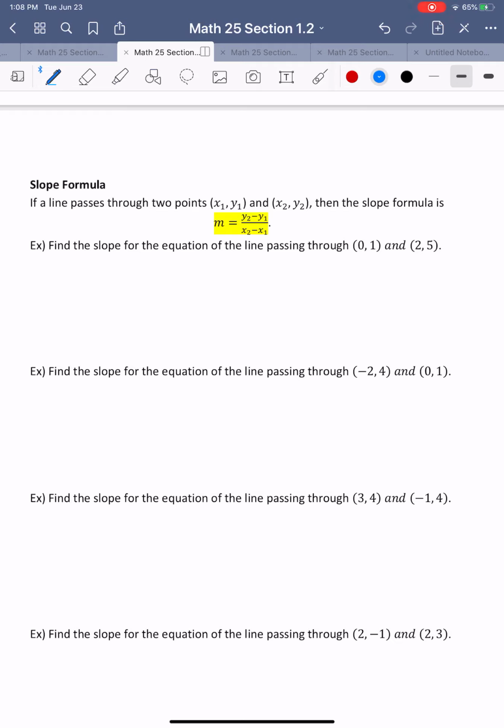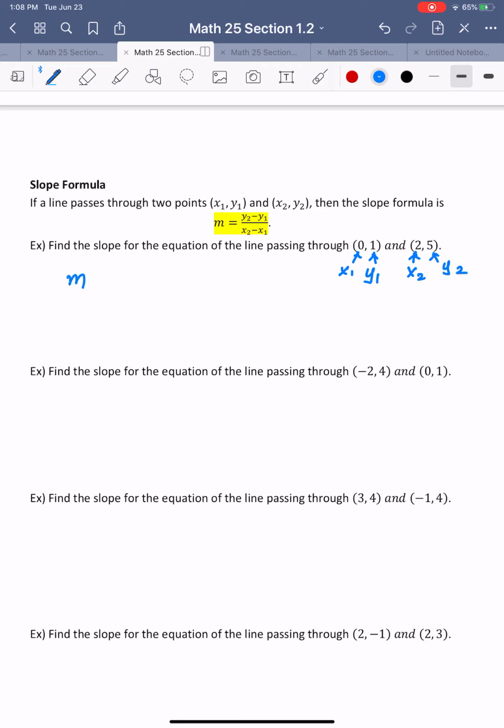The first one: find the slope of the line passing through (0, 1) and (2, 5). I want to label: 0 is x sub 1 and 1 is y sub 1, 2 is x sub 2, and 5 is y sub 2.